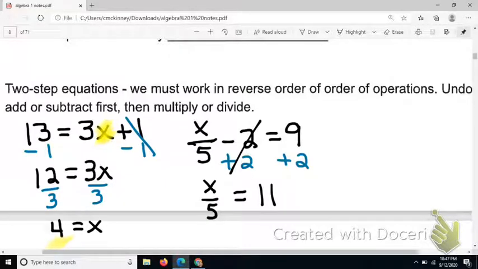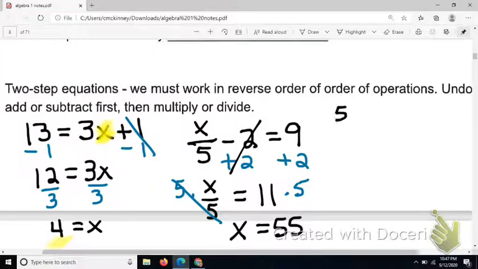And then remember, when we have a one-step equation that's division, to solve it, we multiply. So times 5 on both sides. That makes this just x, and 11 times 5 is 55.